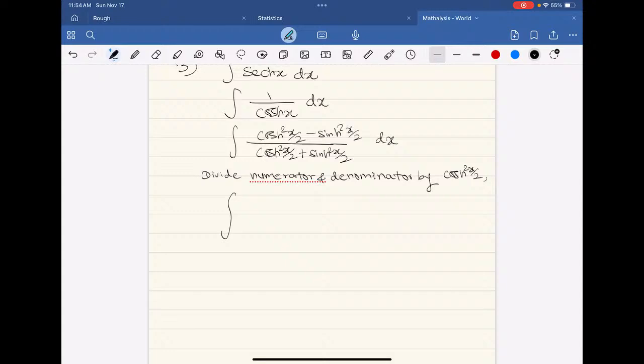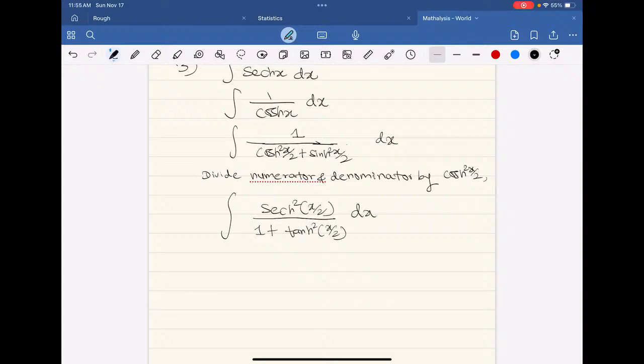Hey guys, I don't need to change the numerator actually. Let me not change the numerator. Let me just let it be 1 itself. Now if I divide by cosh square x by 2, what I will get is sech square x by 2 divided by 1 plus tanh square x by 2.